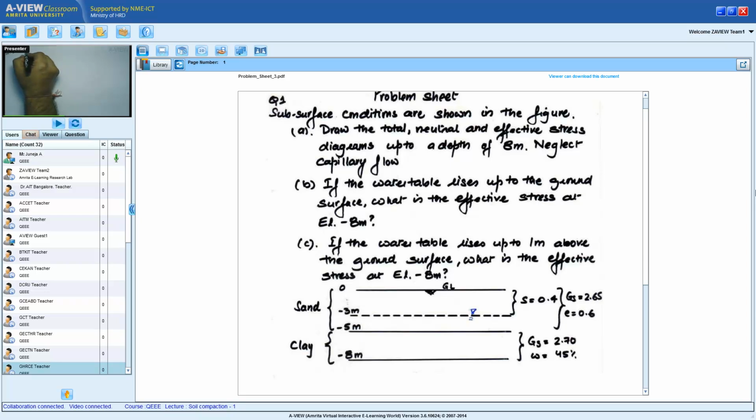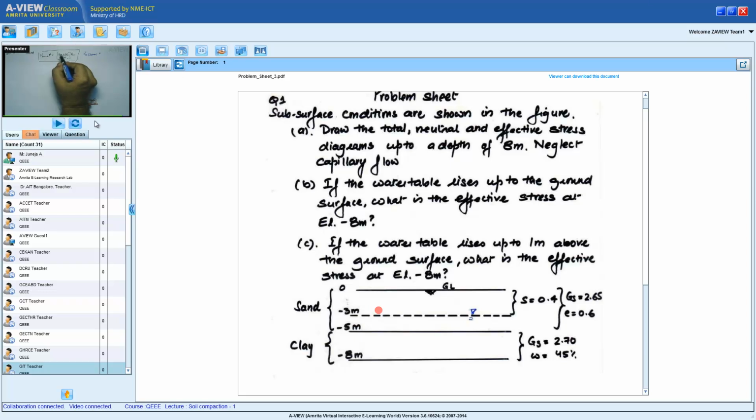The topmost one is sand, and above the water table the sand is not fully saturated. So I remember gamma bulk, which is given as (GS plus SE) divided by (1 plus E), whole times gamma W. This is something we have done before. For the sand above the water table, gamma bulk (sand) is (GS plus SE) divided by (1 plus E).